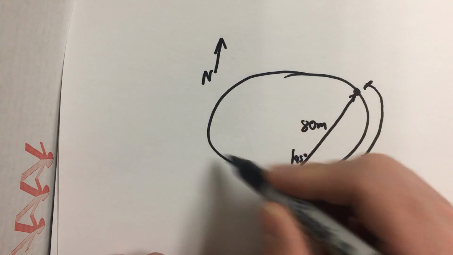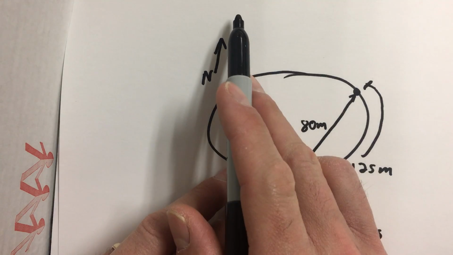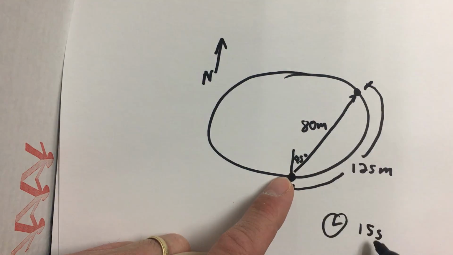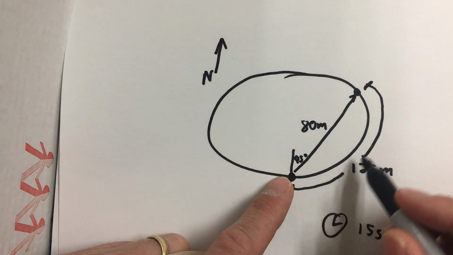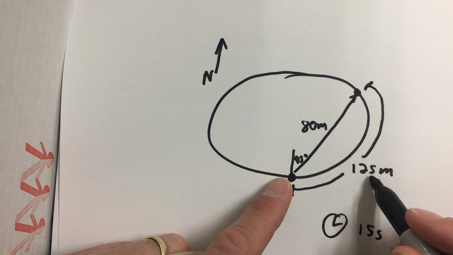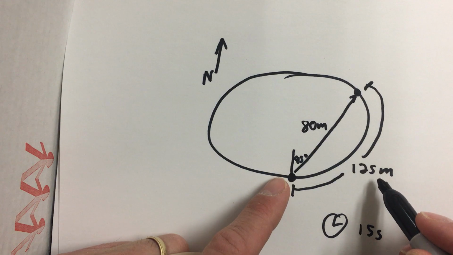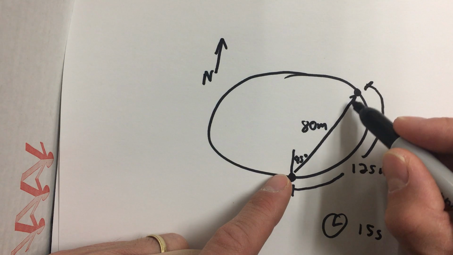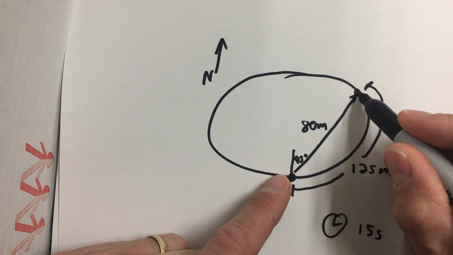So our track is situated such that this is facing north. Our person started here and they ran to here in 15 seconds. In those 15 seconds, they ran a distance of 125 meters, and they ended up 80 meters in a straight line from where they started.